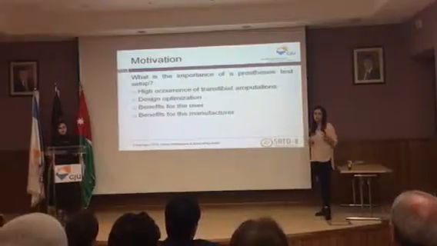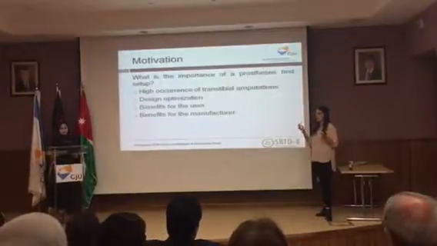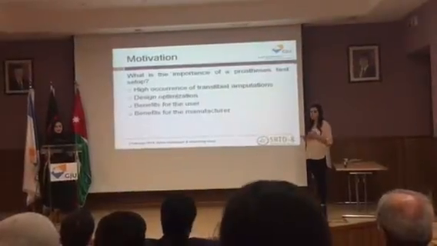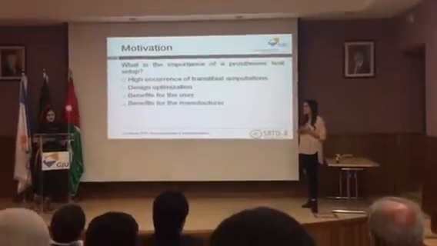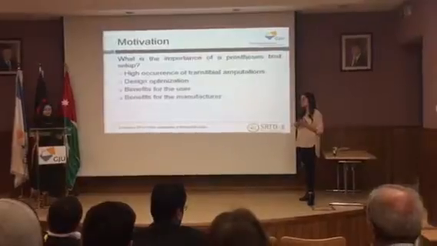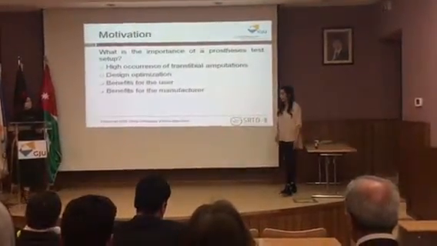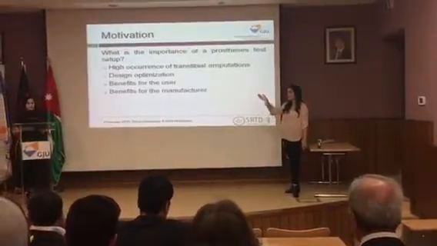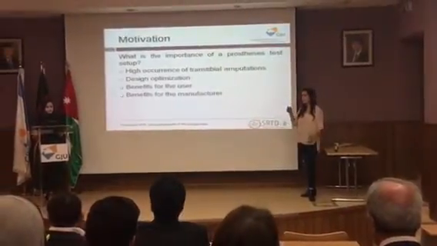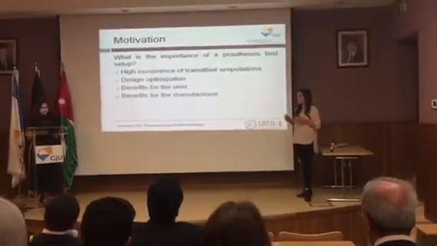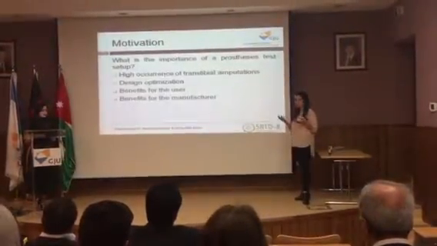Therefore, this highlighted the importance of optimizing the design of transtibial prosthetics, which would benefit the user, in that it would produce higher quality products with better fits, and it will also benefit the manufacturer in that it would reduce patient testing costs and save time.